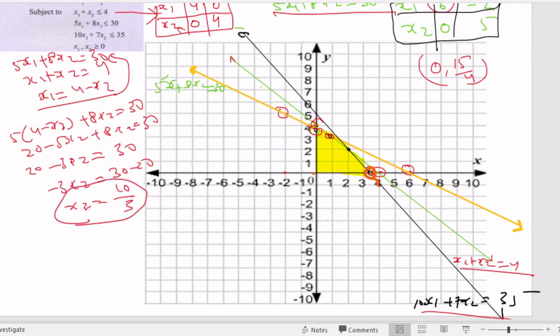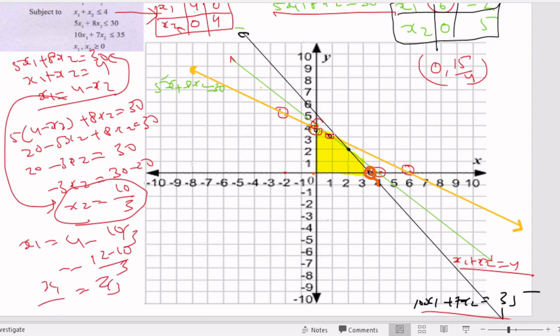Substitute x2 equal to 10 upon 3 in this equation. So x1 will be 4 minus 10 upon 3, that is 12 minus 10 by 3, which is equal to 2 by 3. Okay, so these are the points we found, 2 by 3 and 10 by 3.